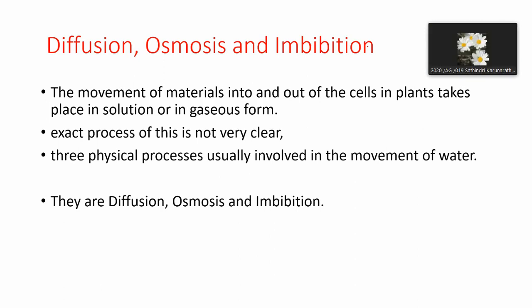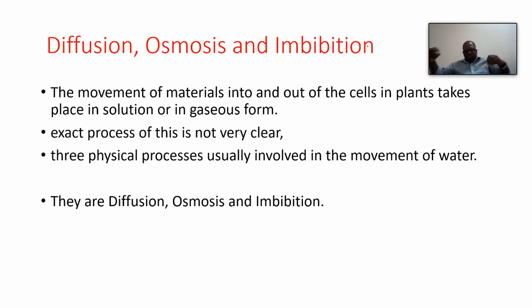It's the movement of substances from high concentration to low concentration. Very good. Any particle moves from its high concentration to its low concentration point. That is diffusion. So even osmosis or imbibition, whatever it is, takes place through diffusion.